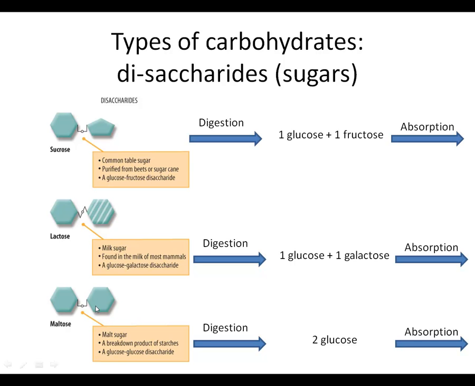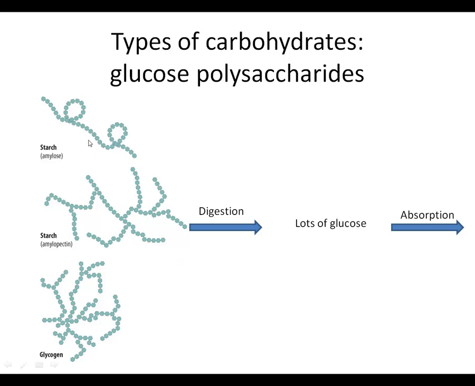Before these can be absorbed, they have to be digested back to their monosaccharide structures. So after digestion, sucrose becomes a glucose and a fructose, and those two can be absorbed as is. Starch. The way that a lot of our carbohydrates comes into our body is from that storage form that fruits and vegetables make, that plants make, which is as starch.